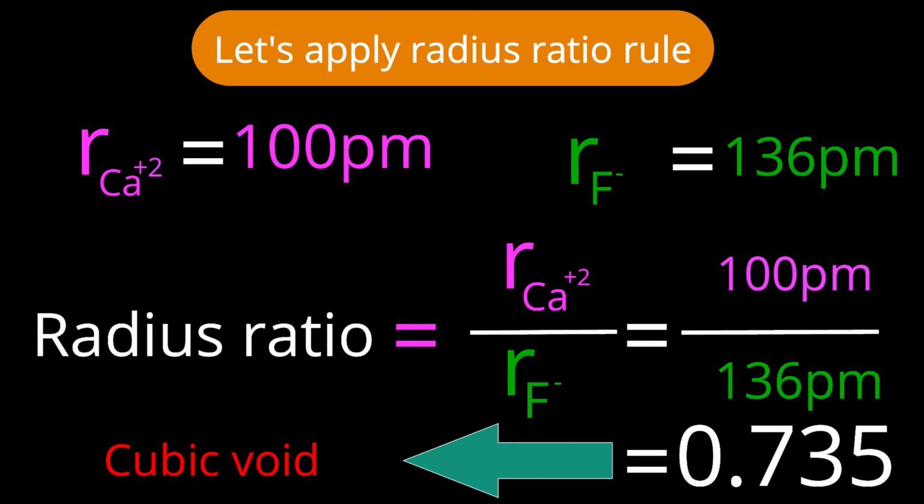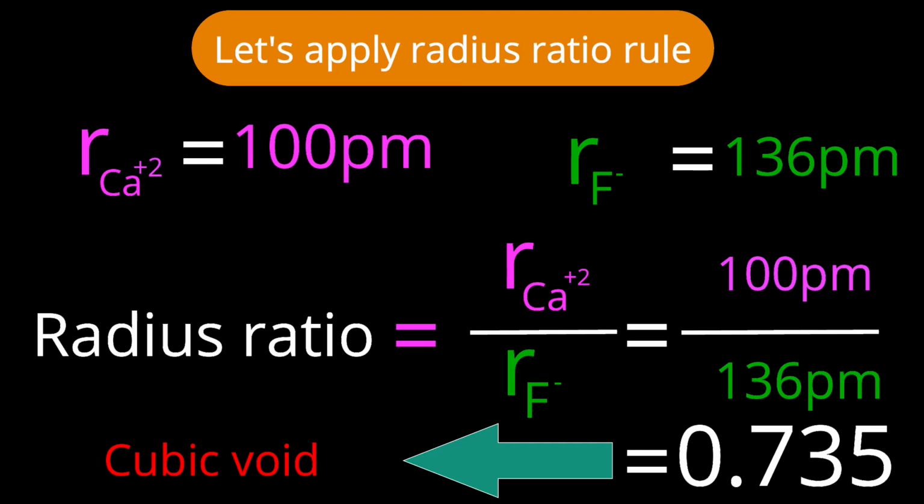Yes, it is between 0.732 to 1. What does it mean? Cation has coordination number 8. A cubic void is present for the cation, meaning fluorides are arranged in such a way that the cation calcium is surrounded by 8 F minus.